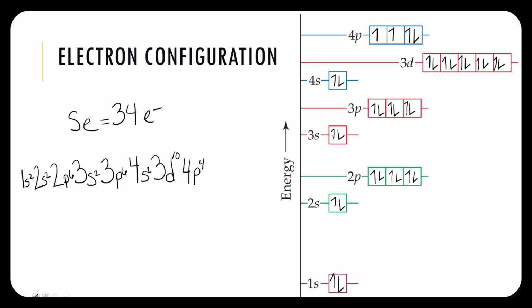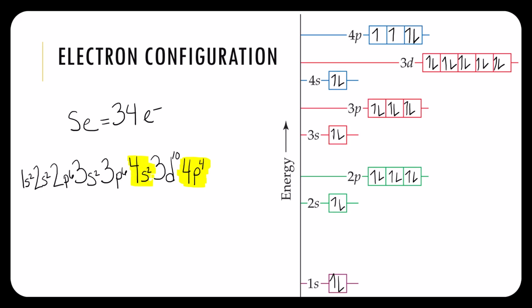So if you said that the 4th energy level is the highest, you are correct. So here I see electrons in the 4th energy level, n equals 4. But how many electrons are in the 4th energy level? So yep, I've got 4 right here in the p, but where else is a 4?